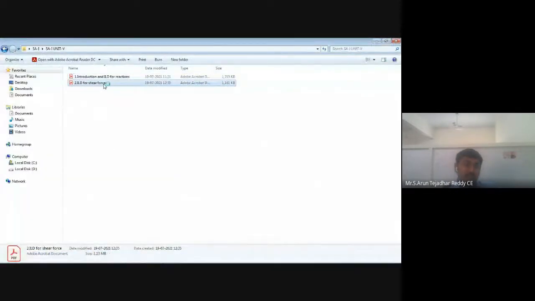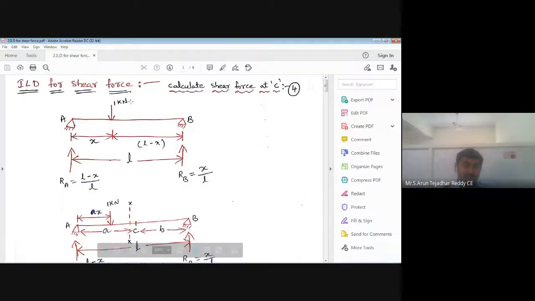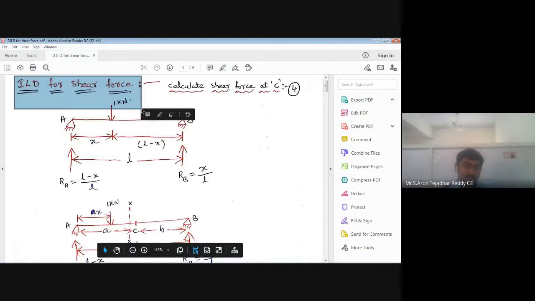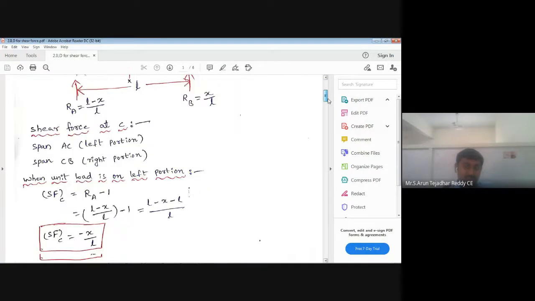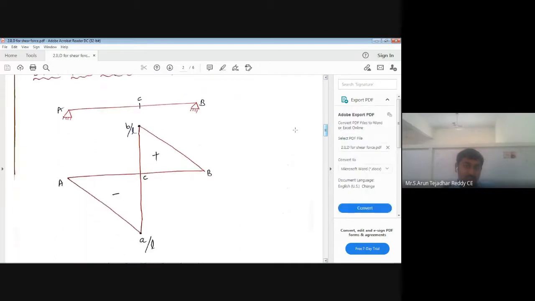In the previous class we have calculated ILD for shear force. See, this is ILD for shear force. Here my question is to calculate shear force at C, and finally we got this diagram.